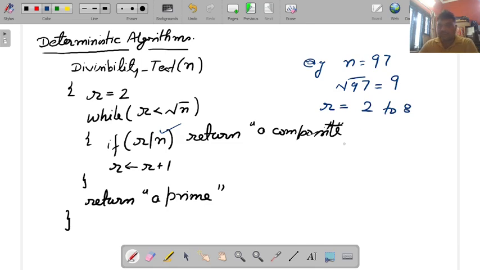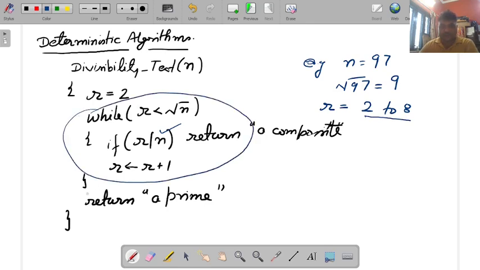If you divide n by 2, 3, 4, 5, 6, 7, 8, you will find that 97 is not divisible by any number between 2 and 8. So after completing all the process in this loop, it will come here and return that 97 is a prime number. In this way it works.